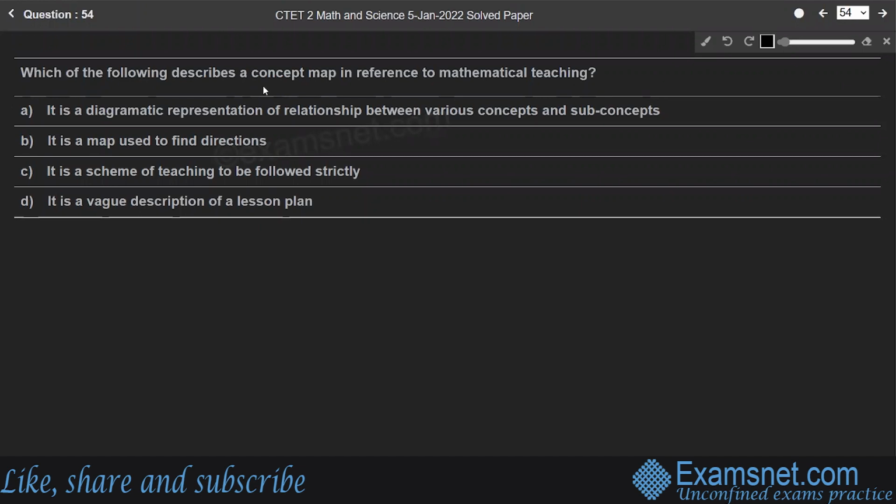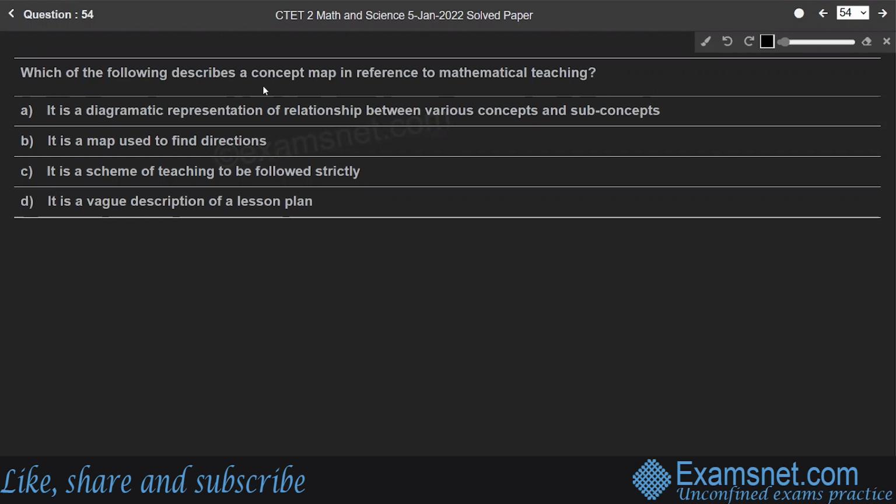Question 54. Which of the following describes a concept map in reference to mathematical teaching? It is a diagrammatic representation of relationship between various concepts and subconcepts. It is a map used to find directions. It is a scheme of teaching to be followed strictly. It is a vague description of a lesson plan.